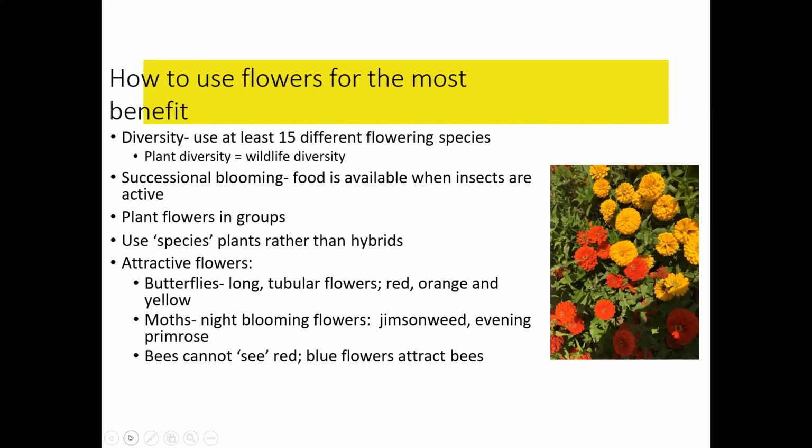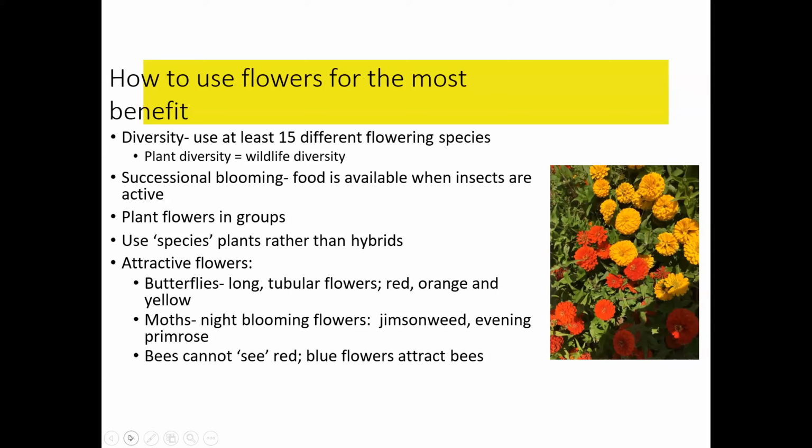Because a lot of times when we create hybrids, we breed the male parts out, which contain the pollen. So an insect will recognize the flower as something that has pollen, and they will go to that flower and waste a lot of energy trying to find pollen that's not there.